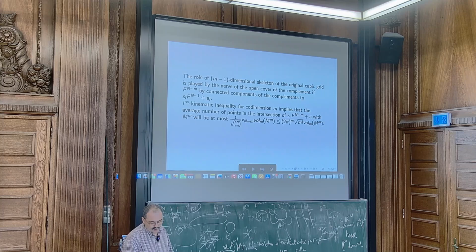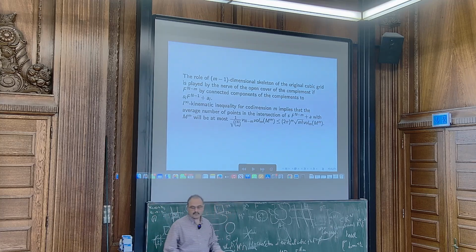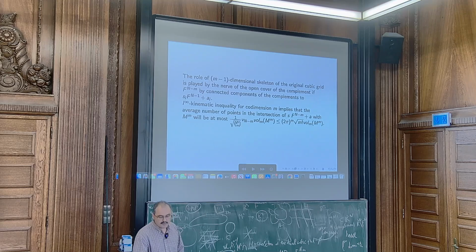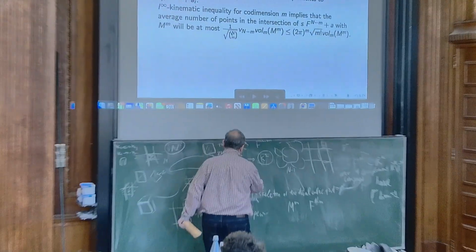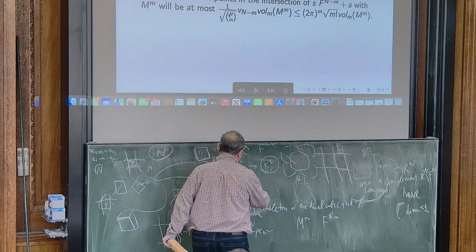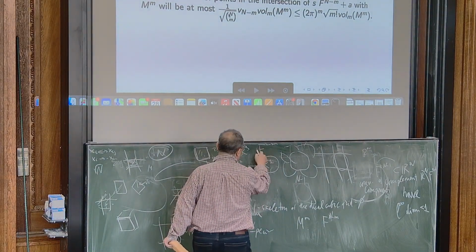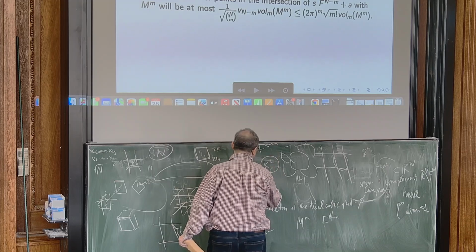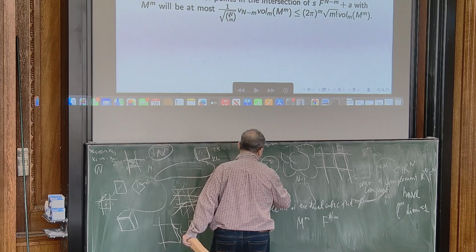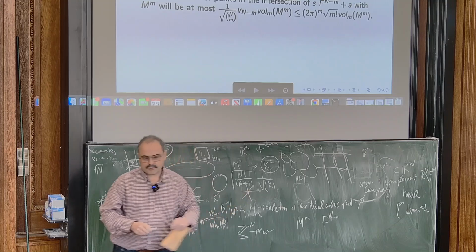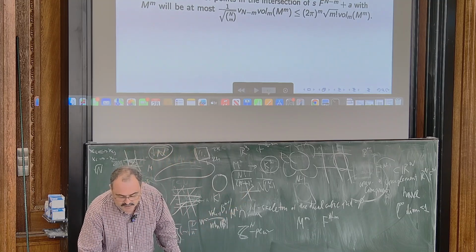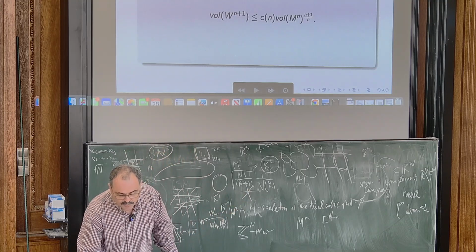So here we are using it in the situation when we intersect something m-dimensional and n minus m-dimensional, and the dimensional constant will be exactly what we want, 1 divided by square root of n choose m, which will almost cancel. So here we have square root of n factorial times n minus m factorial in the volume of n minus m, and it will be nicely cancelled with this square root, but of course we will be left with the square root of m factorial.